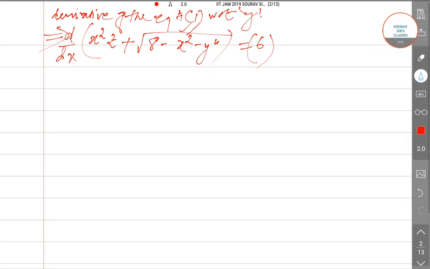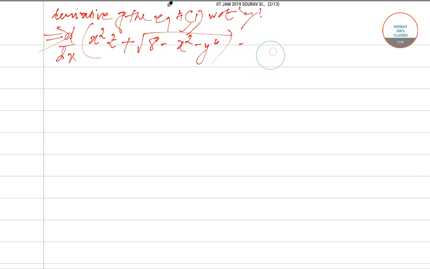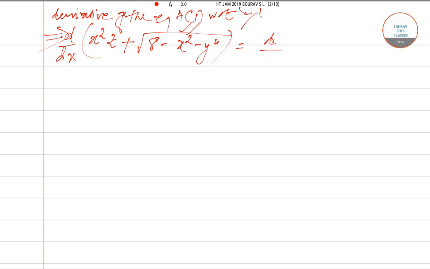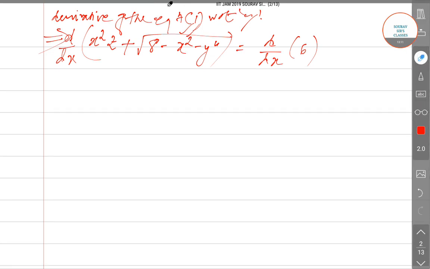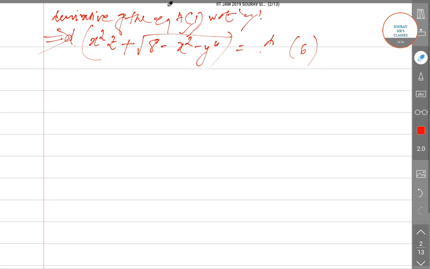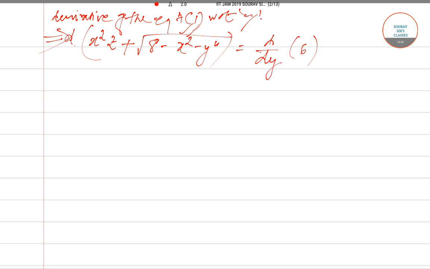Sorry, we need to find the derivative with respect to y, so it will be y, not x, because we have already found the value of the derivative with respect to x. Now it's time to find the derivative with respect to y.